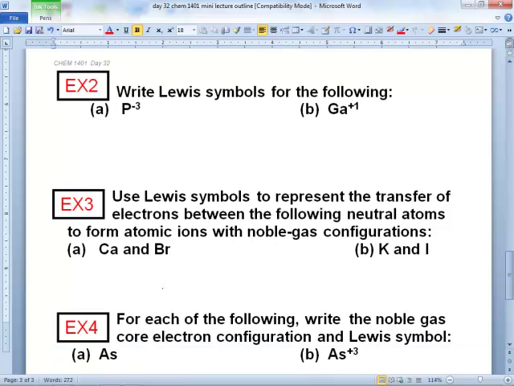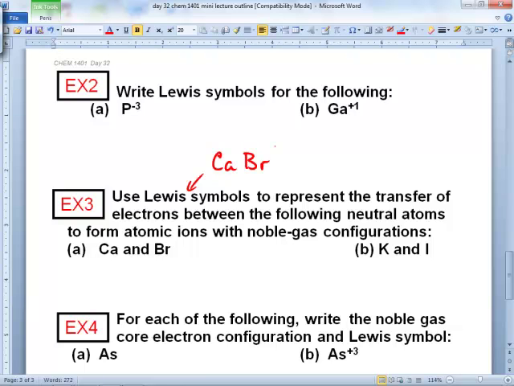Use Lewis symbols to represent the transfer of electrons between the following neutral atoms to form atomic ions with noble gas configurations. Now, I think what we should probably do on this next one is cheat a little bit. If you took calcium and bromine and you put them together, what would you end up with?